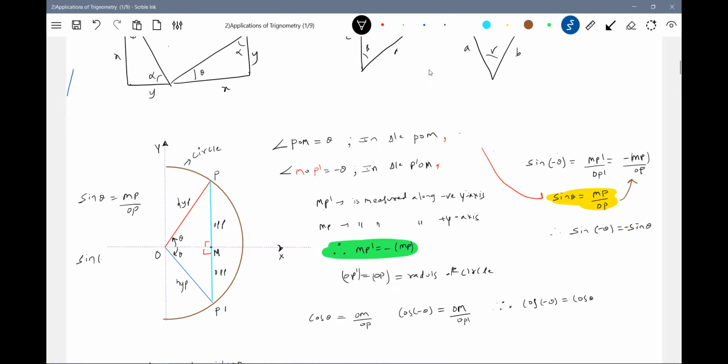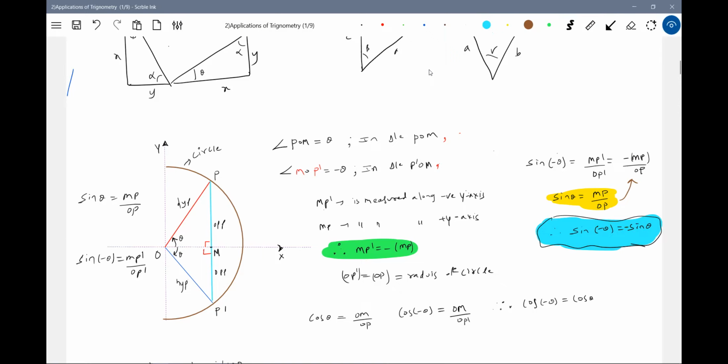Sine of minus theta equals MP dash by OP dash. For those triangles we are just equating. So in place of MP by OP, what can you write? Sine theta. I'll substitute MP by OP equals sine theta. So sine of minus theta, what do we get? Finally, we end up with minus sine theta. There's a reason for this.